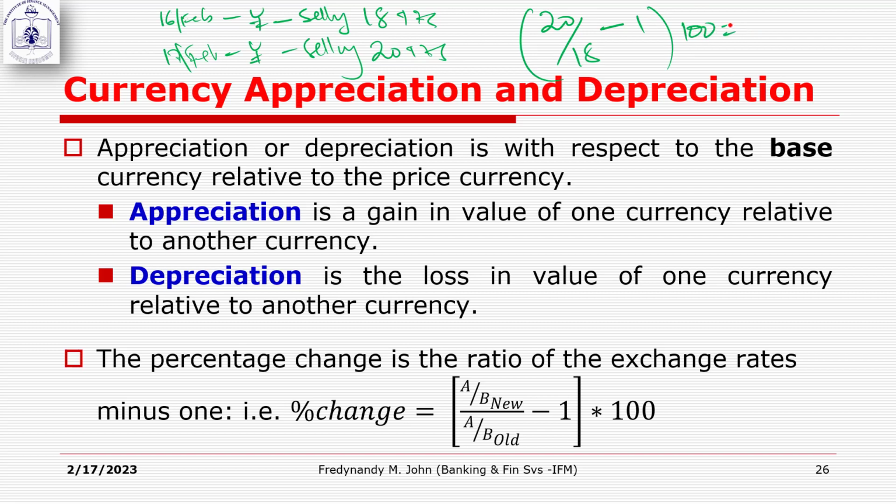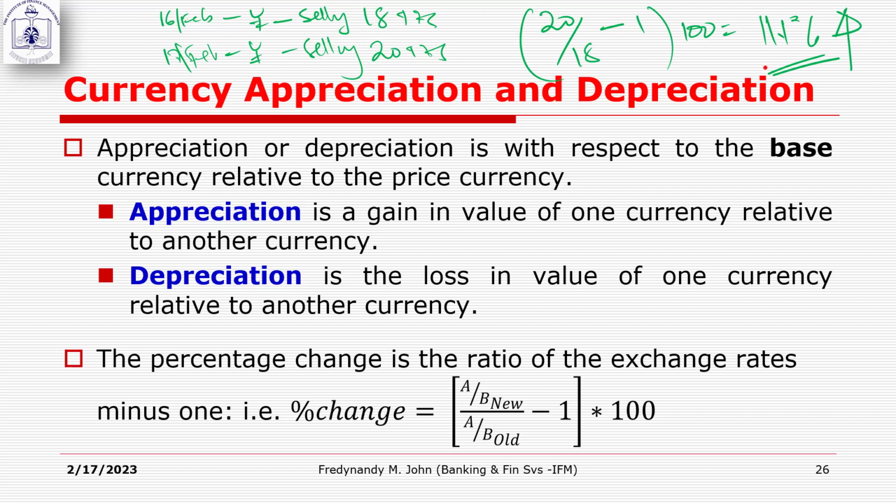If you do so, you are going to end up with 11.1%. So the percentage change here is 11.1, meaning that the Japanese yen has increased in its value by 11% relative to the Tanzanian shilling.